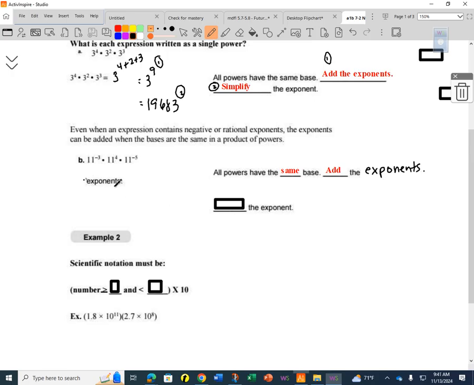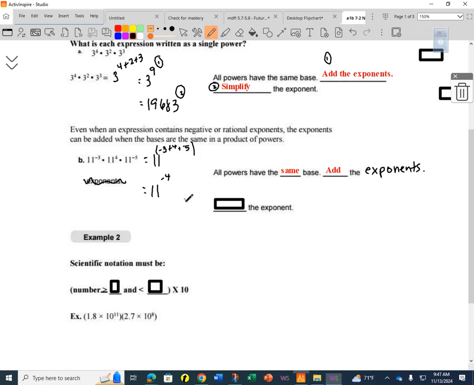So here we're going to rewrite this as 11 raised to the negative 3 plus 4 plus negative 5. We can do that on our calculator. Negative 3 plus 4 plus negative 5. Remember, 3 negative button plus 4 plus 5 negative button equals, and you should get negative 4.